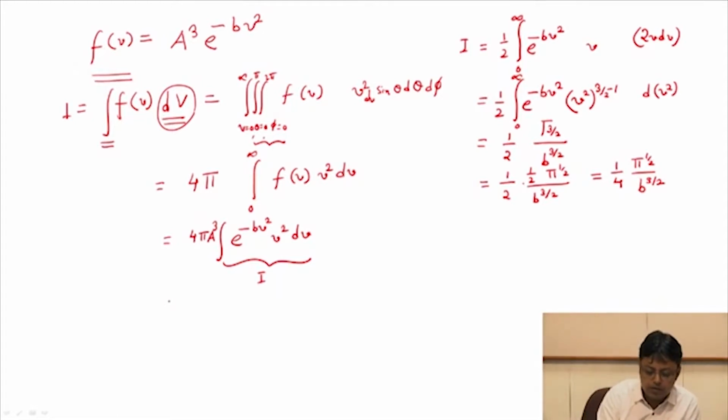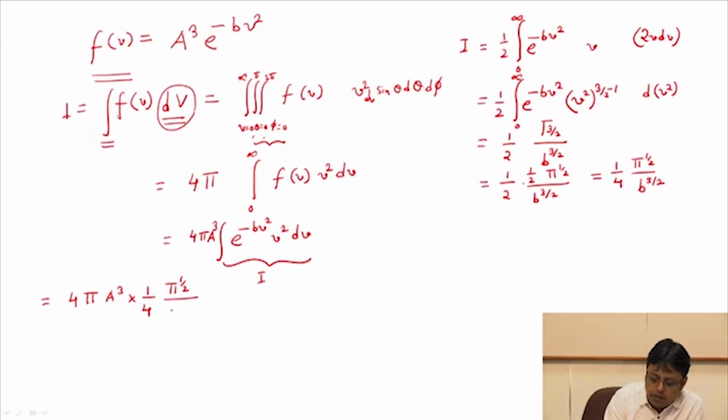Now you can just put it here. Just for space, I'm writing it here. It is basically 4 into pi into a cube into 1/4 pi to the power half divided by b to the power 3 by 2. That is equal to 1.